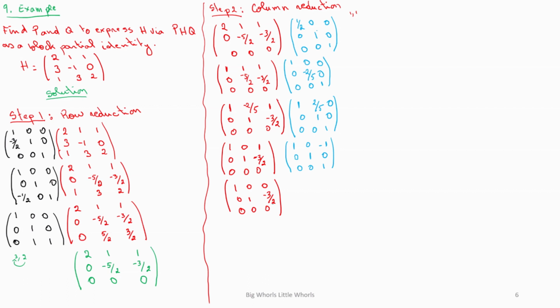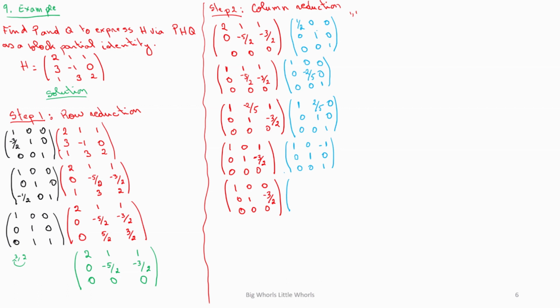Okay, now the next step is to use the 1 in column 2 to eliminate the minus 3 over 2 in column 3. Okay, so I want to multiply column 2 by 3 over 2 and add the result to column 3.